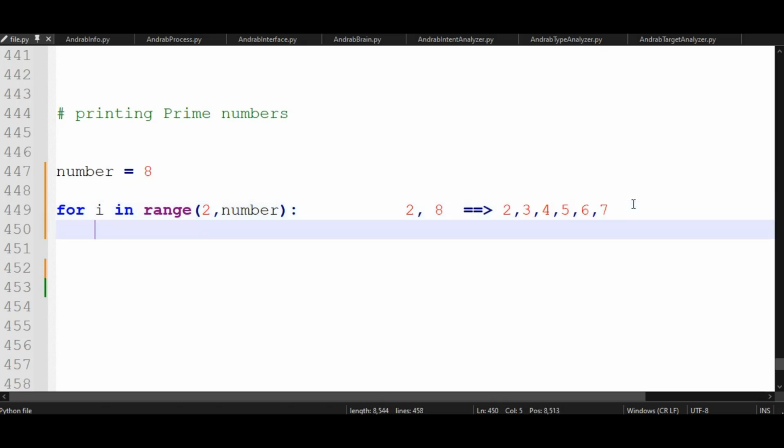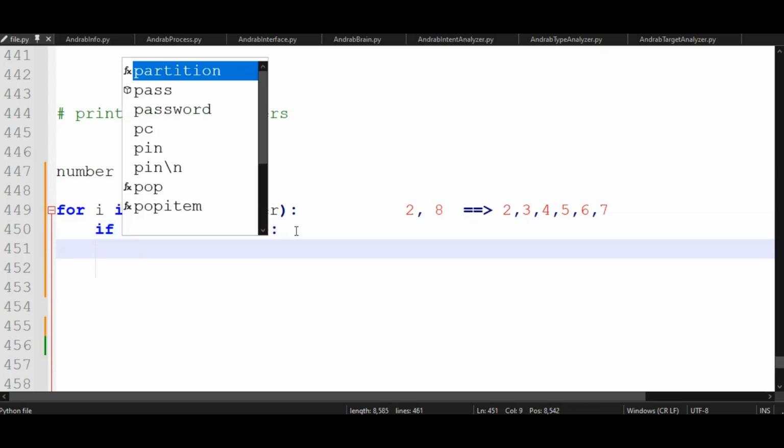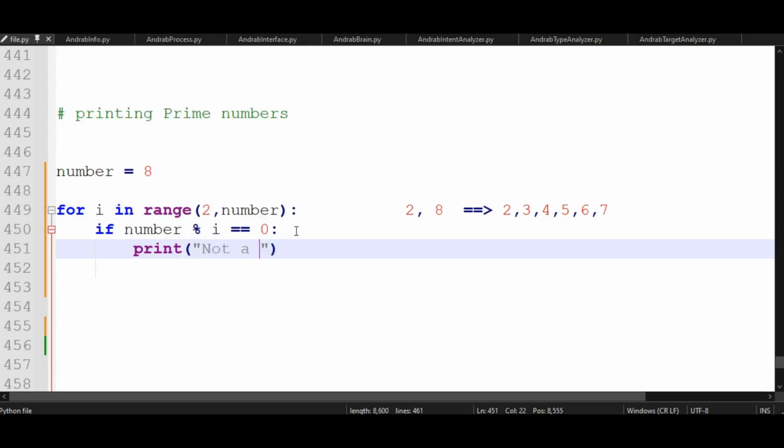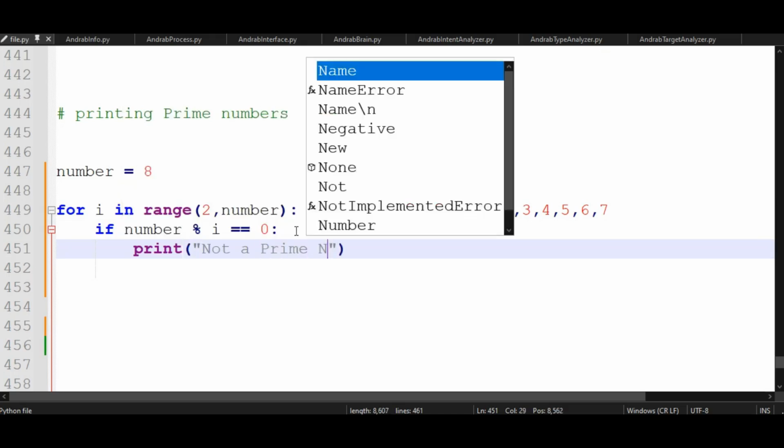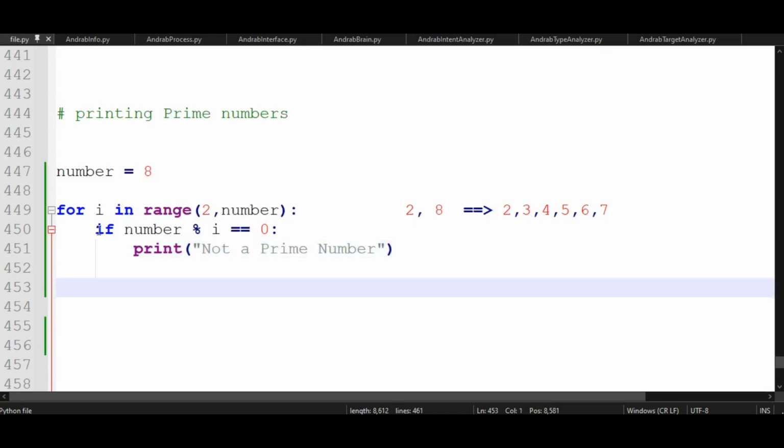Right? So after that I will write if number modulus operator, that is percent I, double equals to 0. After that I will simply print not a prime number. That's it. Try to analyze this.